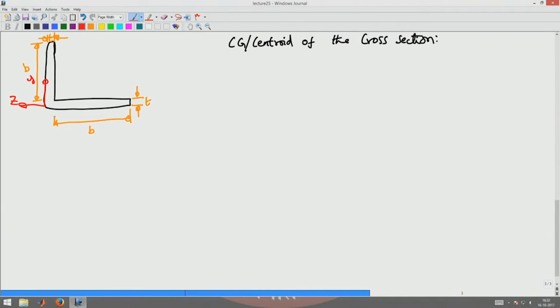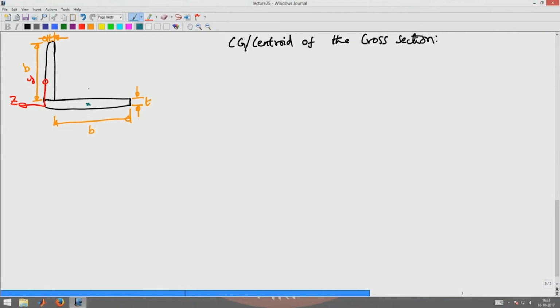Now, I know that the centroid of this leg of the angle section would be somewhere here.